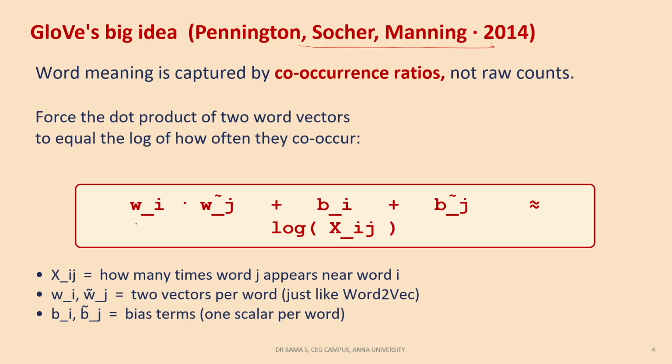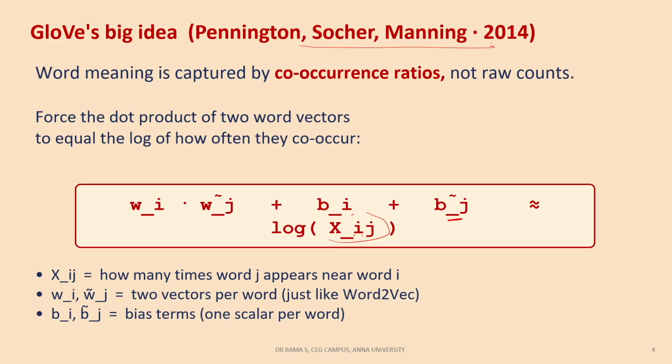We see how that particular word and the context vector are close to each other, and along with this we add the bias of that word as well as the bias of the context word, and that should be equal to the log of the co-occurrence xij. So xij is how many times the words appear close to each other. xij is the number of times j appears near word i, and wi, wj are two vectors per word: one is the particular word vector, and wj is the context vector.